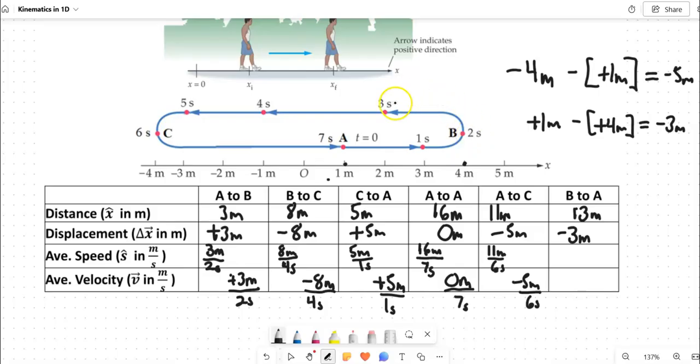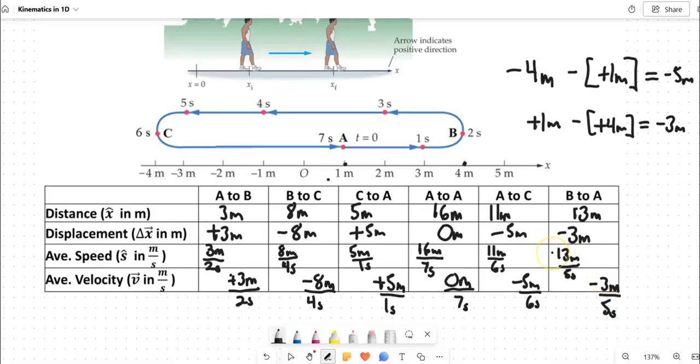So that's going to be 1, 2, 3, 4, 5 seconds. So this is going to be 13 meters over the period of 5 seconds. And your velocity is going to be negative 3 meters to the left displacement over the period of 5 seconds.